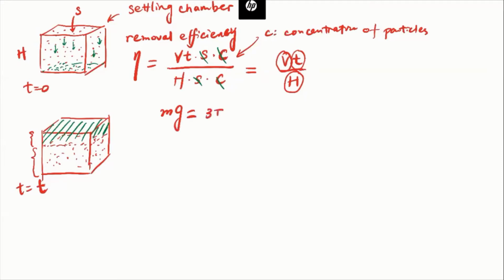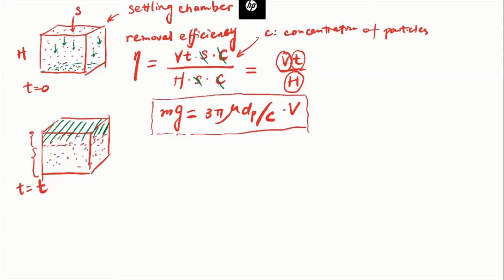Again, the drag force is 3 pi mu dp divided by c multiplied by VR, where VR is the relative velocity, or just the settling velocity. So we can use this equation to derive the vertical velocity of the particles, and then plug that in to get the removal efficiency.